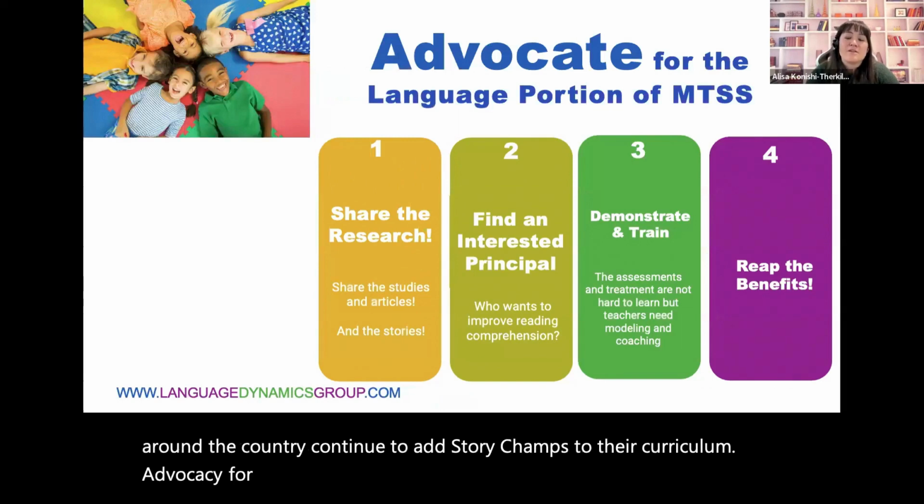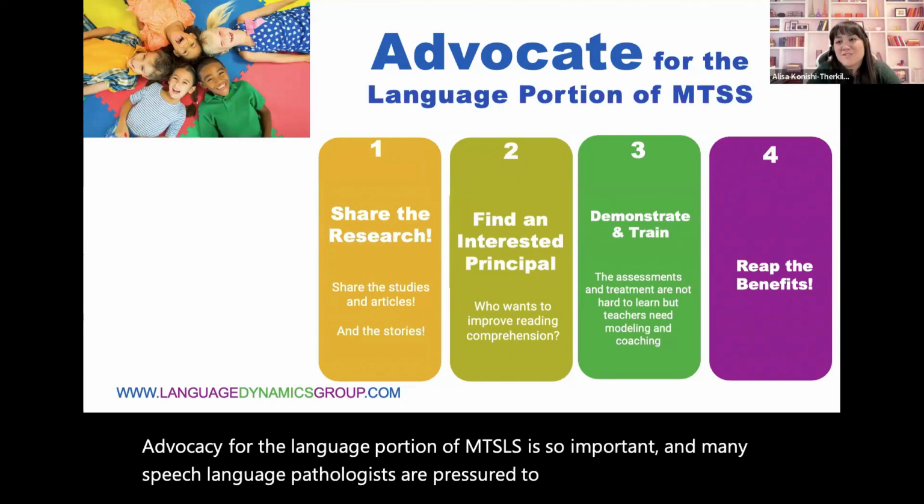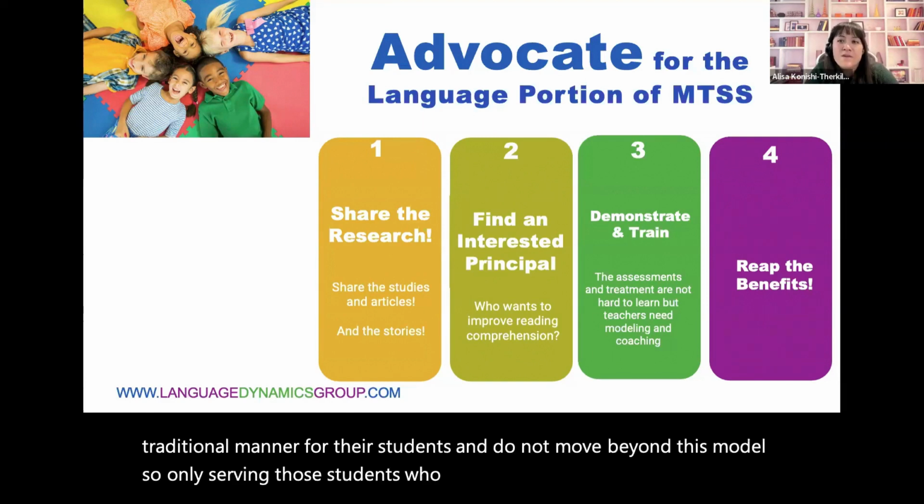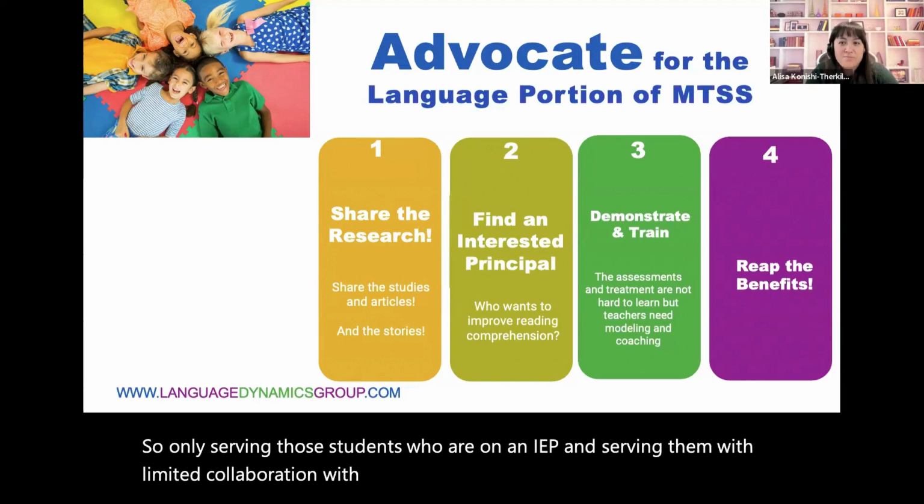Advocacy for the language portion of MTSLS is so important, and many speech language pathologists are pressured to provide services in a more traditional manner for their students and do not move beyond this model. So only serving those students who are on an IEP and serving them with limited collaboration with others.